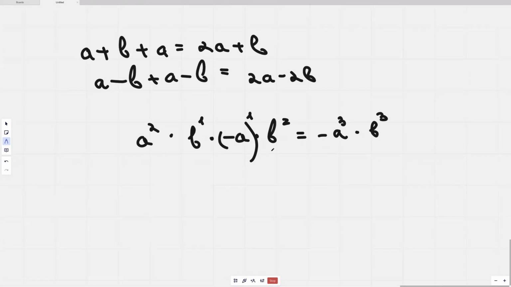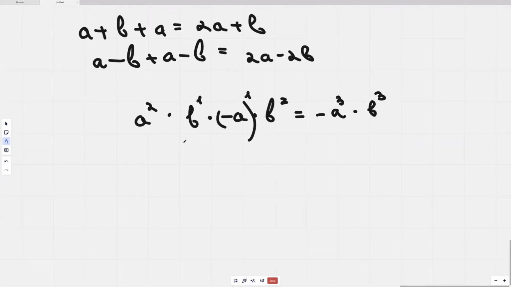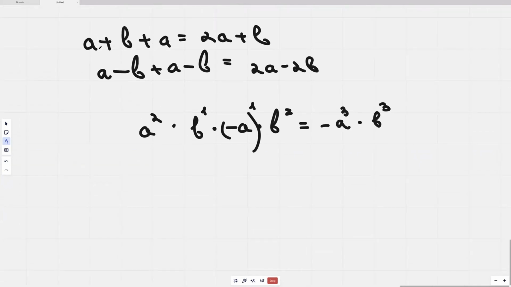And this is just a different thing. Do not confuse it, and do not change it with anything else. These expressions happen if the plus or minus happens between the a's and b's, or something like this.